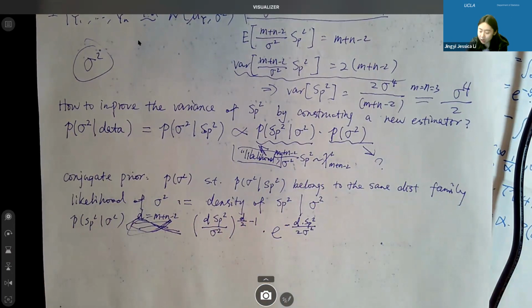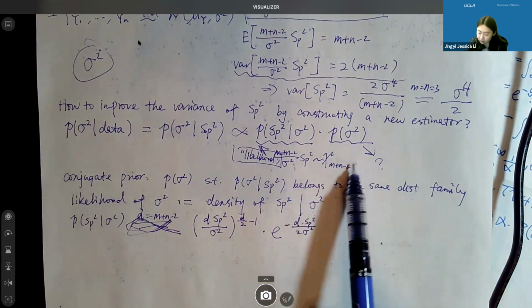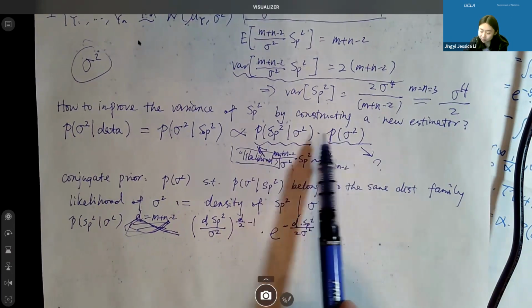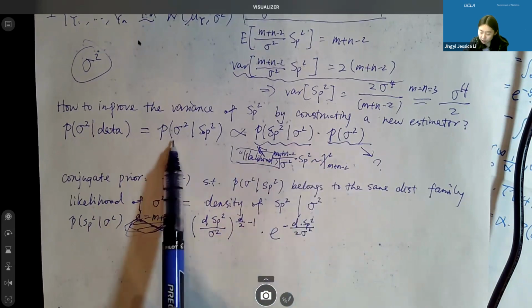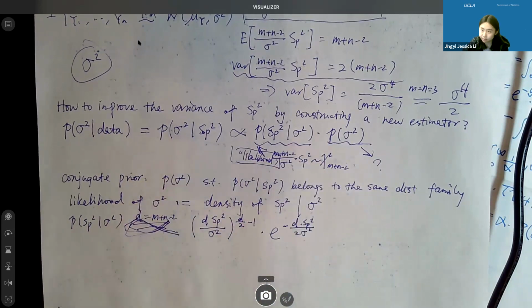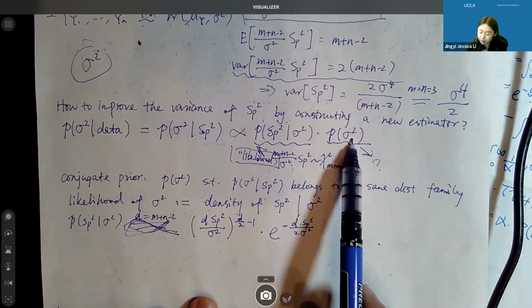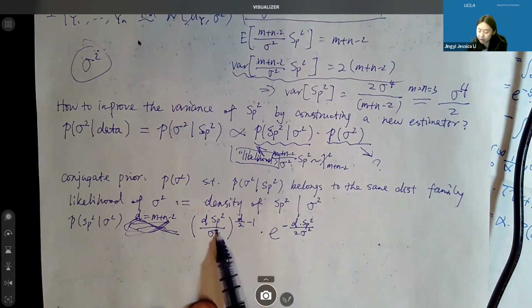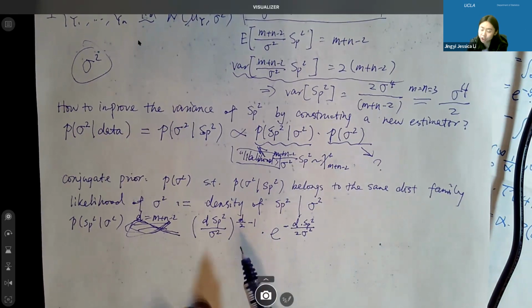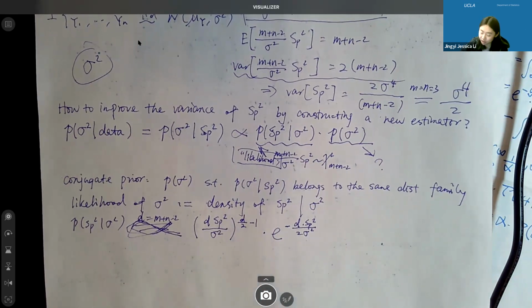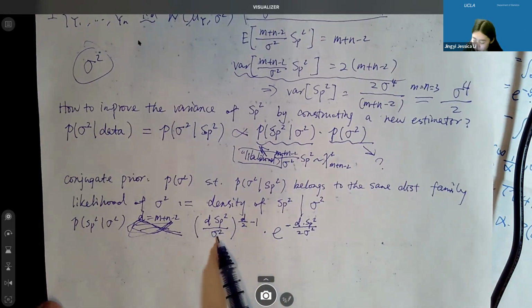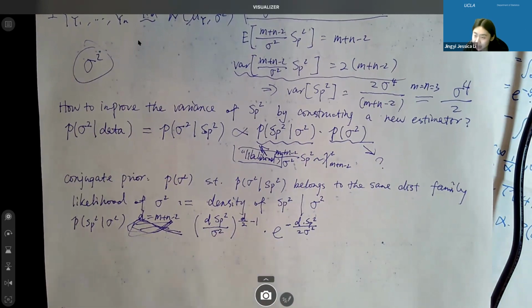So to find the conjugate prior, combining them, the product, the posterior will still belong to the same distributional family as the prior. You would immediately know that the prior must have terms that can be combined with the terms in the likelihood, so that after we do the combination, in terms of the function of sigma square, it stays the same.